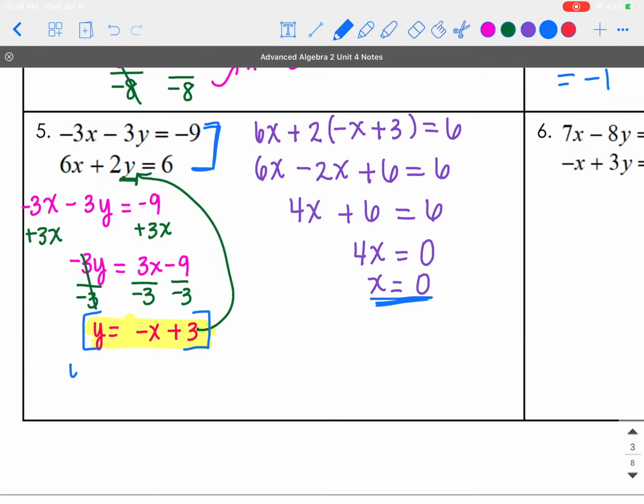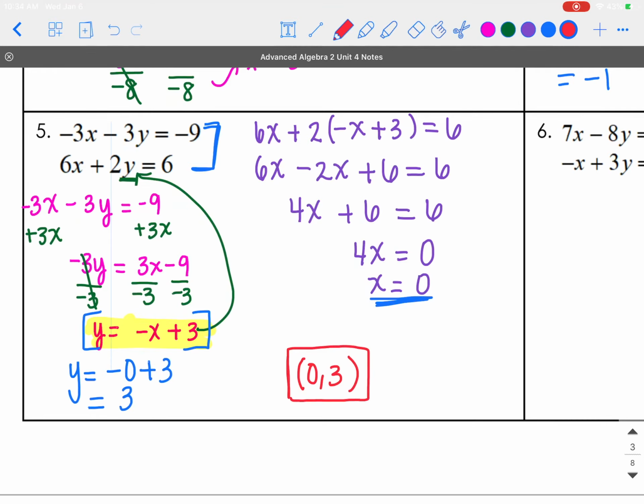That's going to be the easiest. And we get y equals 3. So you may have chosen a different route, which is totally fine. What's important is that you got the same final answer.